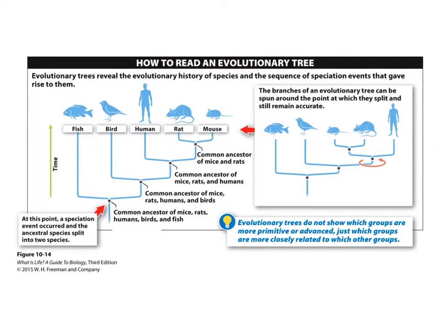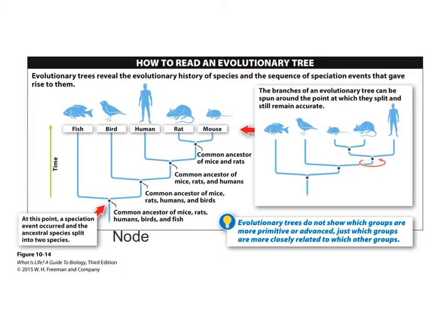Let's look at some of the basics of how to read an evolutionary tree, or a phylogenetic tree. We're going to start with the nodes, or branch points. These nodes show us the point of divergence, where 2 groups branched and started to become different. This also shows us the site of a common ancestor.